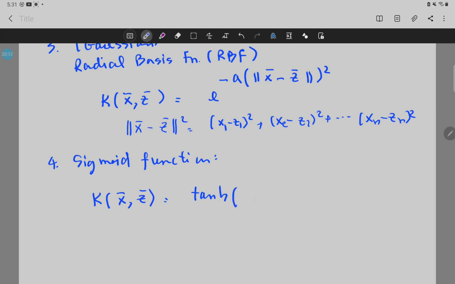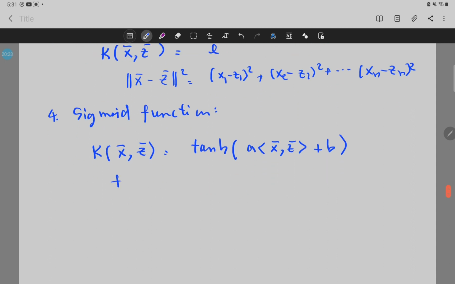This is not just tangent, it's hyperbolic tangent, of a times the inner product of x and z plus b, where the hyperbolic tangent function of any value, say x, is e to the x minus e to the negative x divided by e to the x plus e to the negative x. There are also some other kernel functions as well.